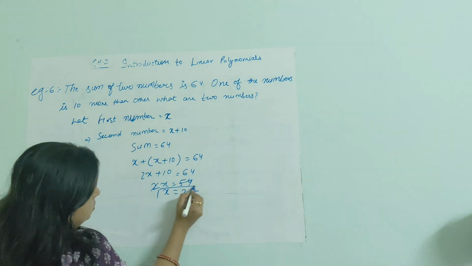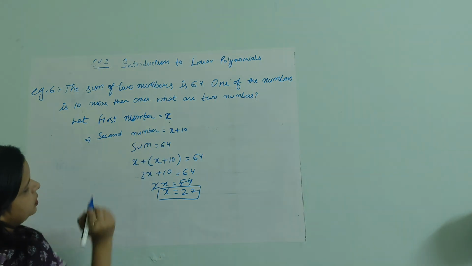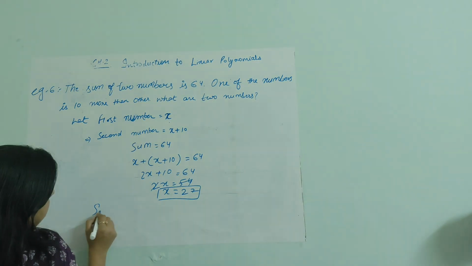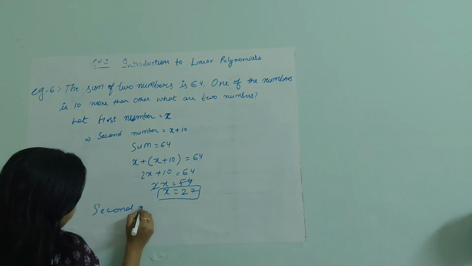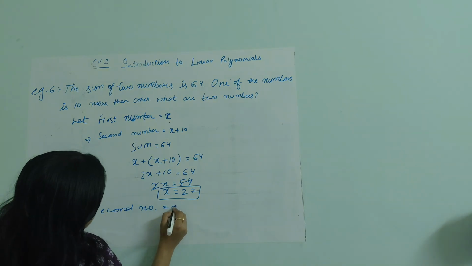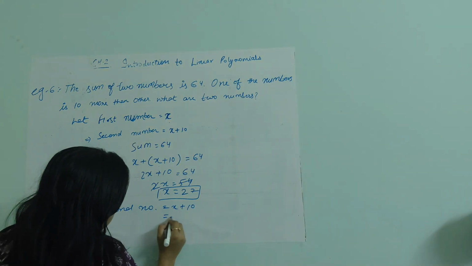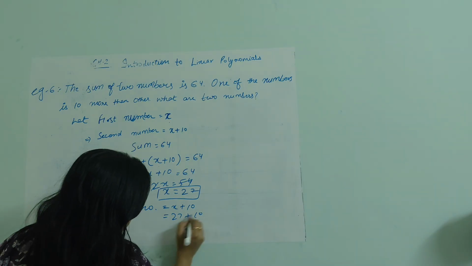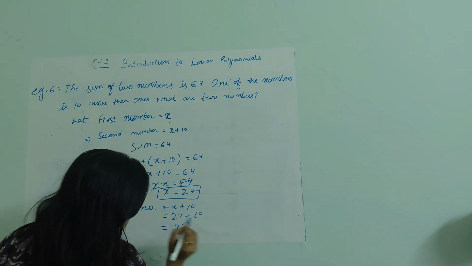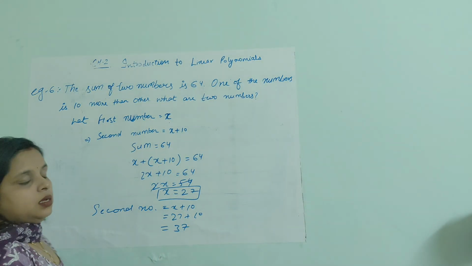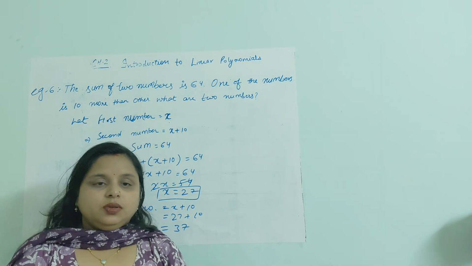Then the first number is 27 and the second number is x plus 10, that is 27 plus 10, which is 37. I hope it is clear to all of you. Thank you.